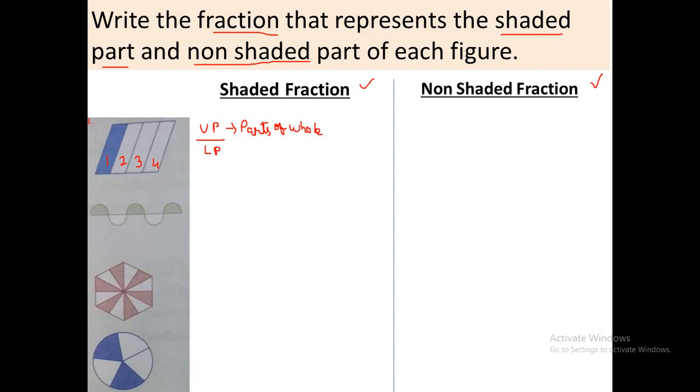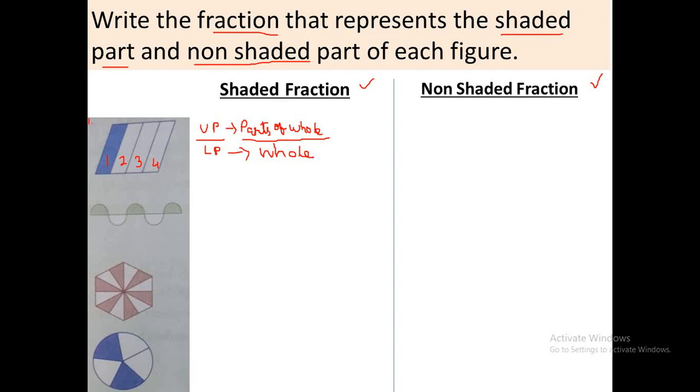Understood? This upper part represents parts of whole. In the last video I have shown you this, and this is the line that divides the upper part and lower part, right? The lower part shows the whole figure. The figure has been divided into how many parts? That we will write as the whole part, right?